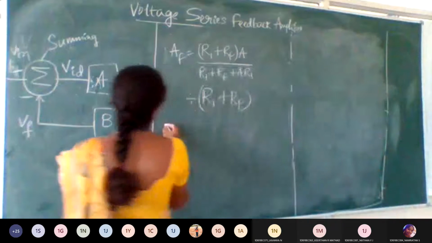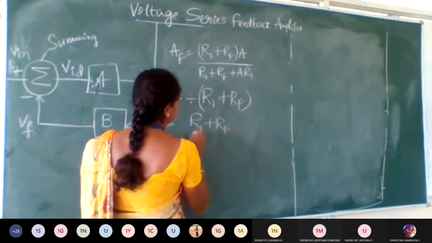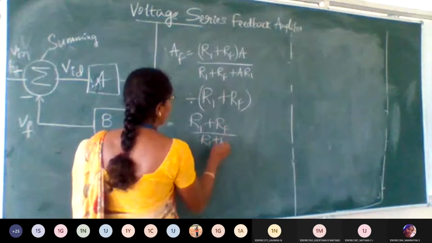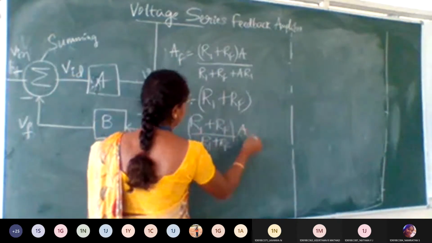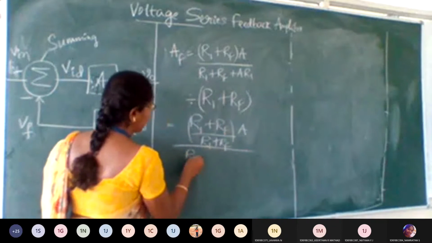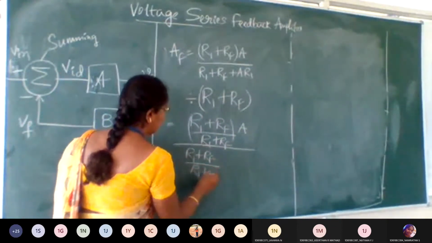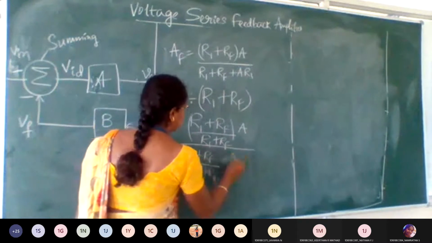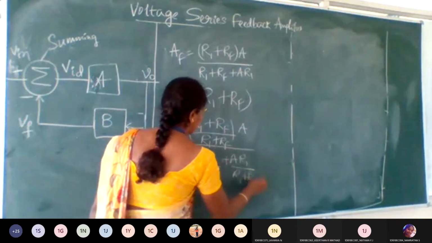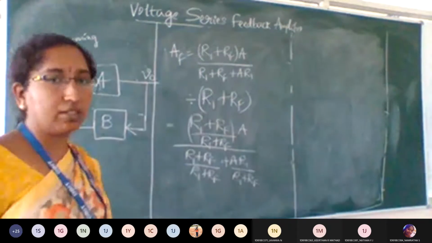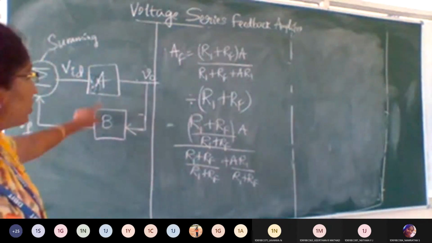So what is the expression you will get? R1 plus RF by R1 plus RF into A, divided by R1 plus RF by R1 plus RF plus AR1 divided by R1 plus RF. So just to get the closed loop gain in terms of these terms.